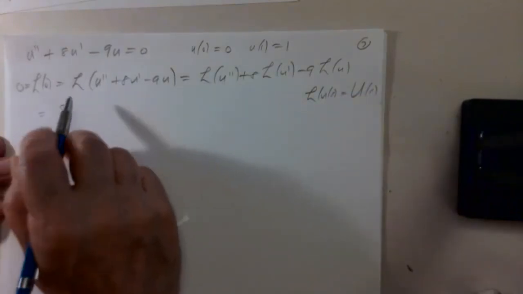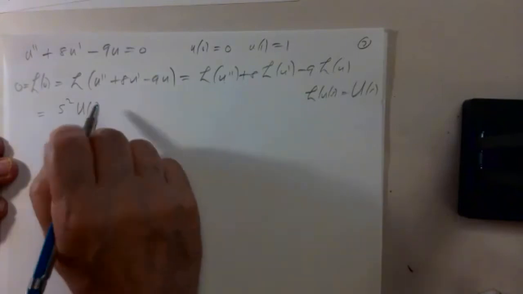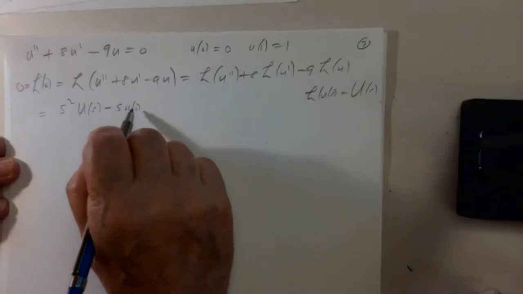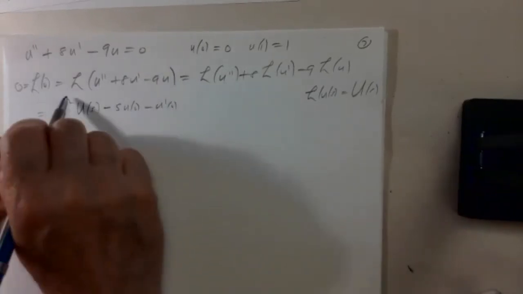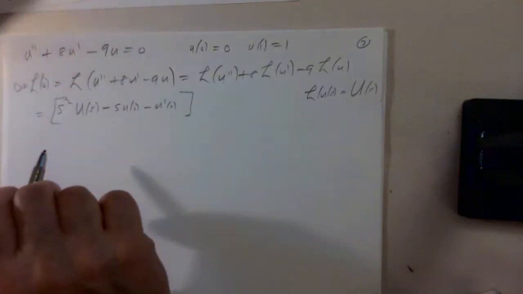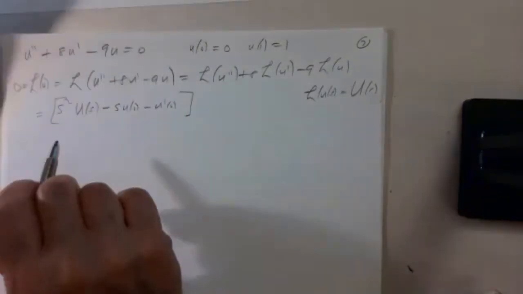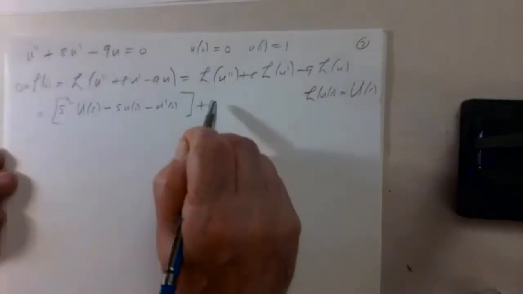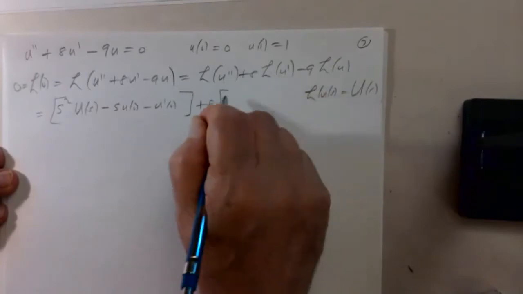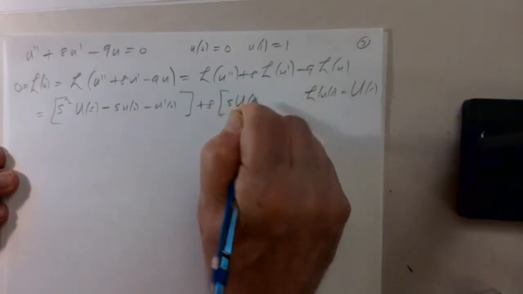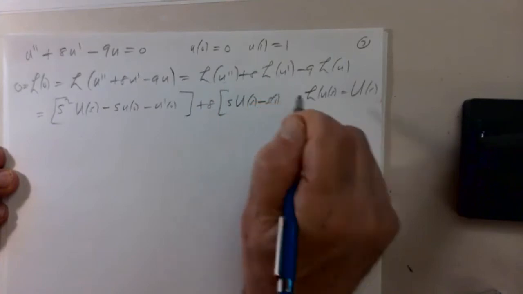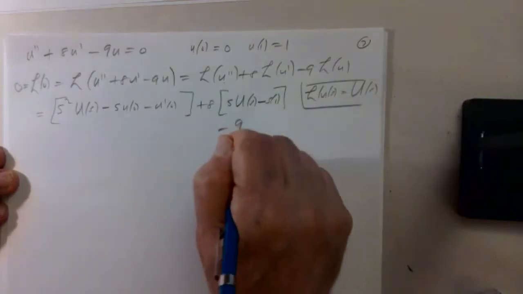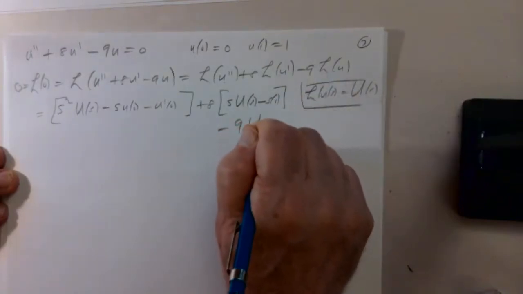So this is s squared u of s minus s u of 0 minus u prime of 0, plus 8 times the Laplace transform of u prime, which is s u of s minus u of 0, minus 9 u of s.